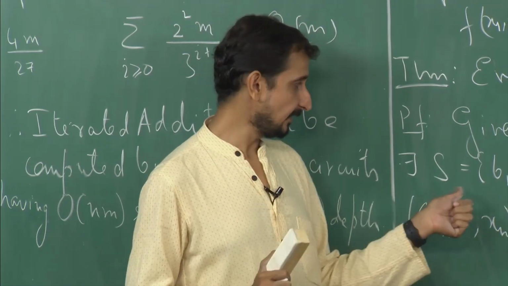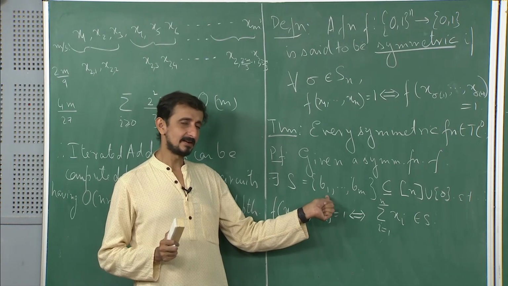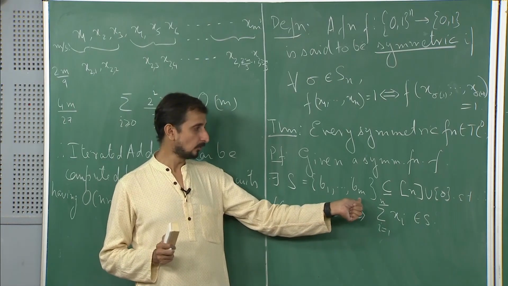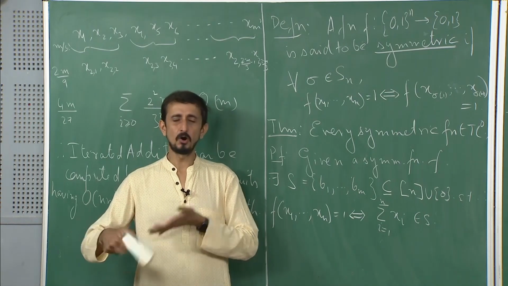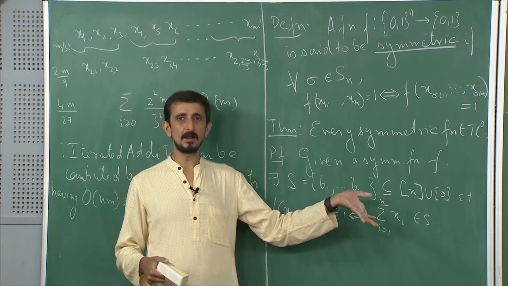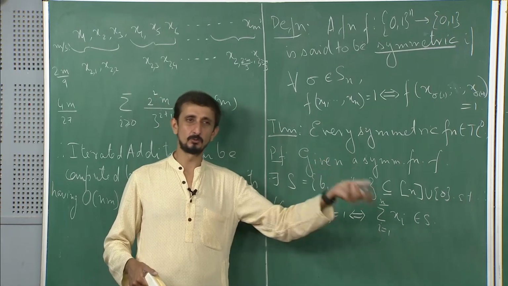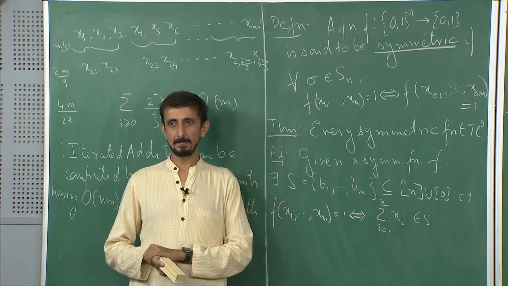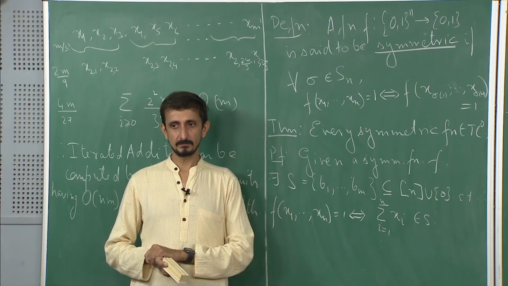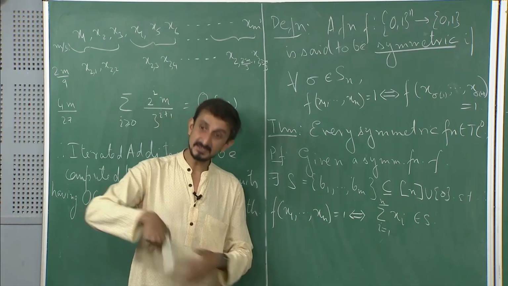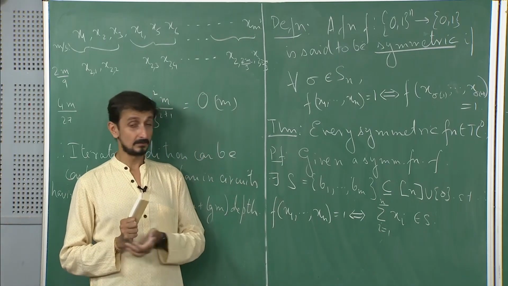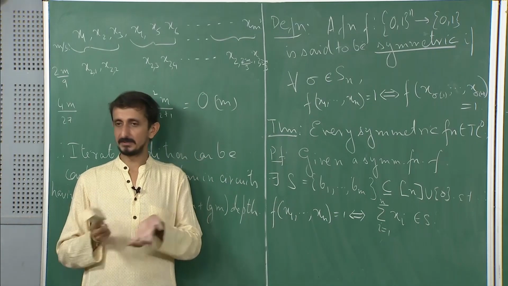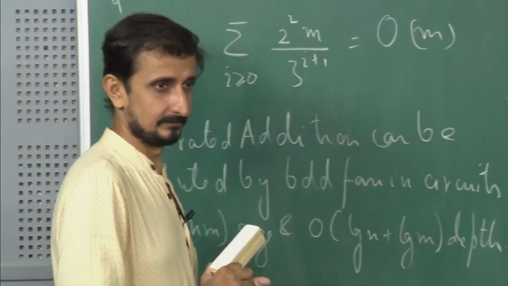So, here the set S will be 1, 3, 5, 7, up to n if n is odd. If n is even, it will be up to n minus 1. Exactly, that is what I said, the number of ones on which the function evaluates to a 1. That is the only thing that is necessary.